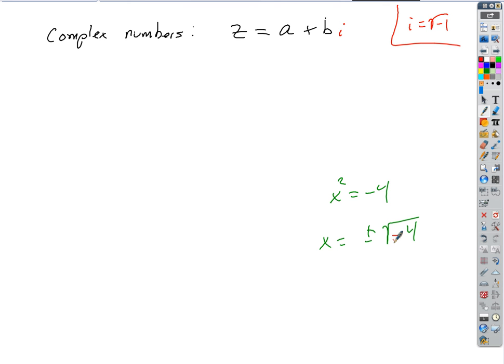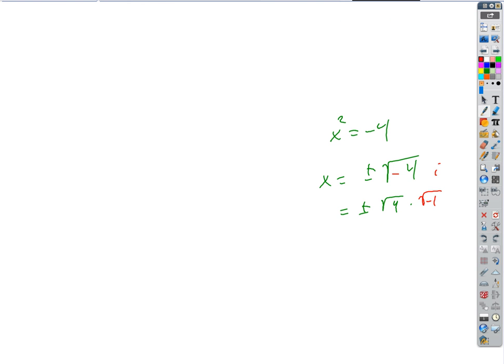So what do we do with this? Well, we can break up the square root of -4 into the square root of +4 times what? I, right? Times the square root of -1. And that whole thing is just I, isn't it? So we end up with x equals plus or minus, square root of 4 is 2, times I. So we get two answers, either x equals positive 2i or x equals negative 2i, right?